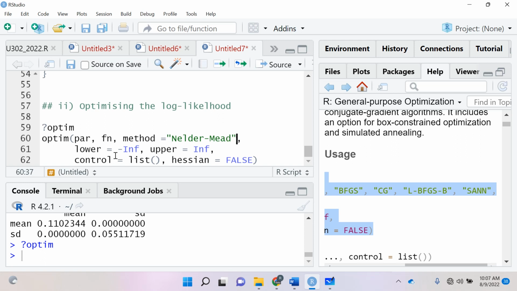So you provide it with. So for example, in this example that we are talking about, for Poisson distribution, the parameter lambda is greater than 0, right? Okay, so it's a rate. So we will give it a lower bound of 0 and then an upper bound of either infinity or some very large value. Okay, control, we can use a control list to control our parameters.